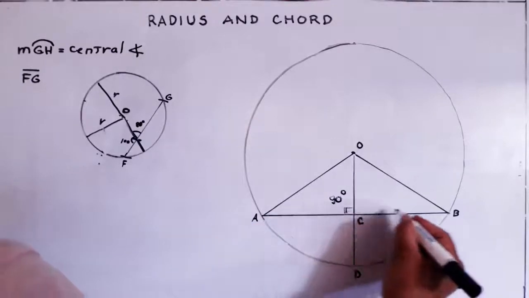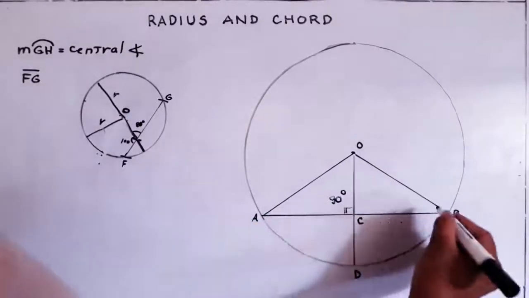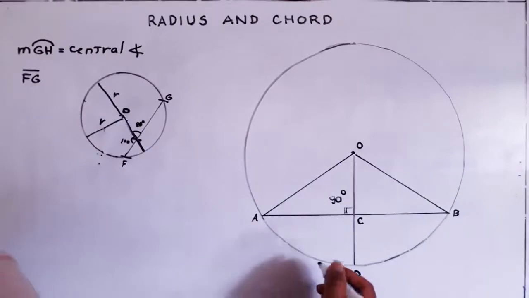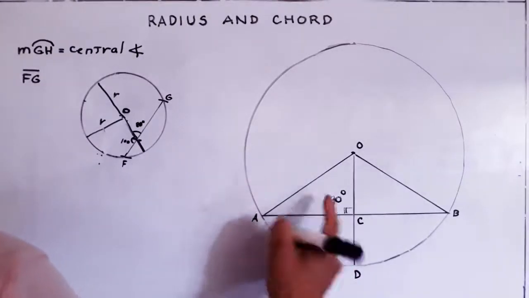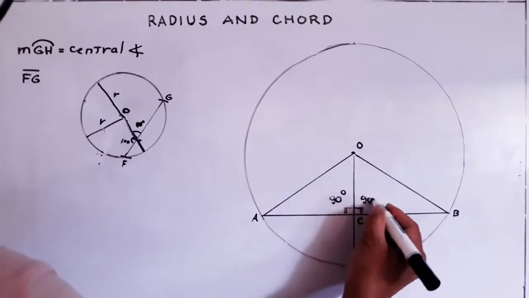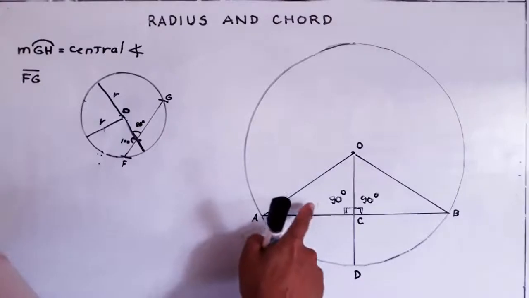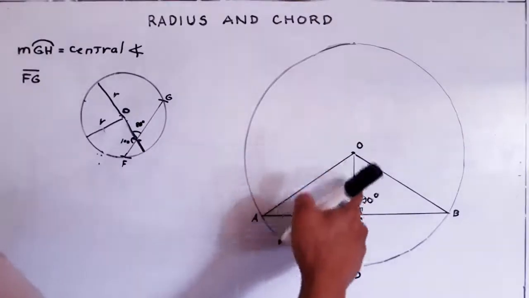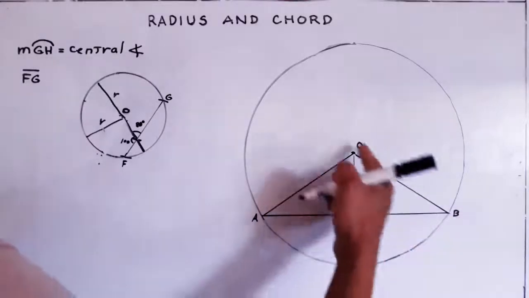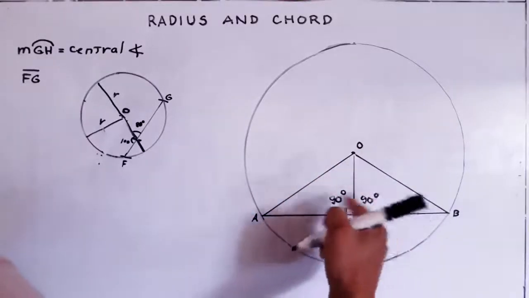We have a straight line, and we know a straight line measures 180 degrees. So if we have already 90, then the other one is also 90 degrees. So we have here a right triangle AOC and a right triangle BOC on the other side. So we have two right triangles here.